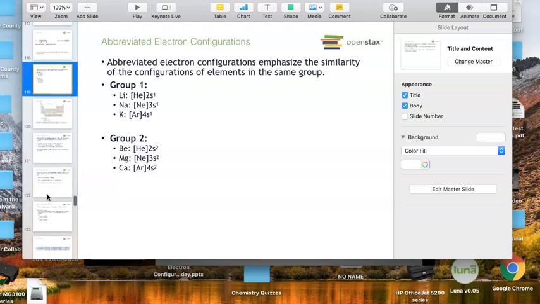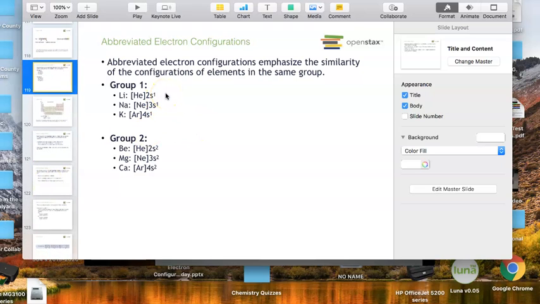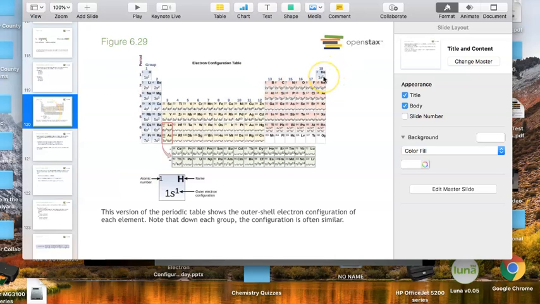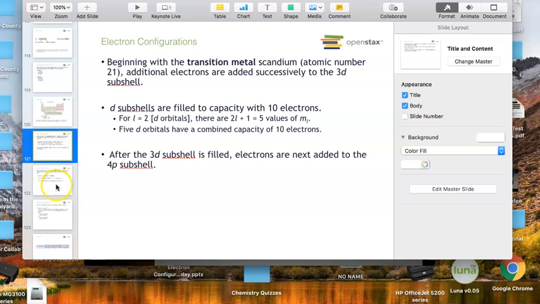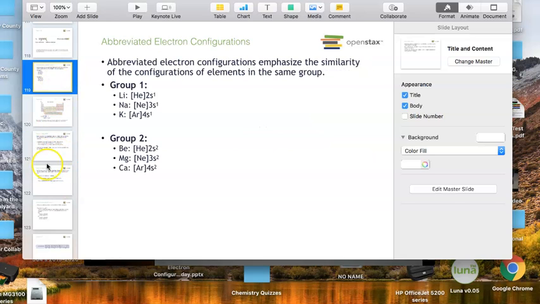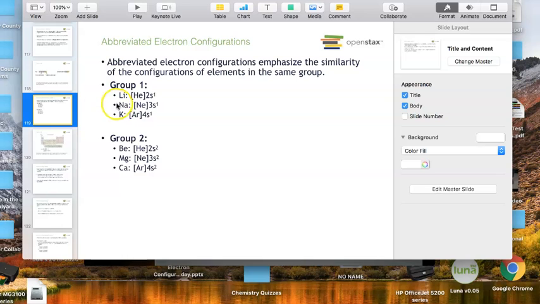So abbreviated electron configurations, here we have some examples. For lithium, you're starting out with helium, and so its electron configuration would be written as helium in brackets and then 2s1. Okay, so for sodium, we already did that one, 3s1.